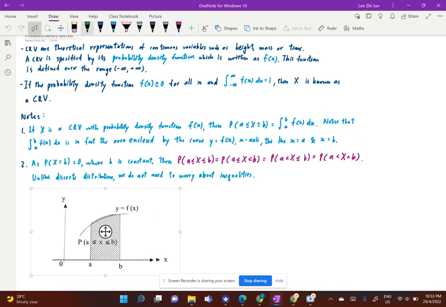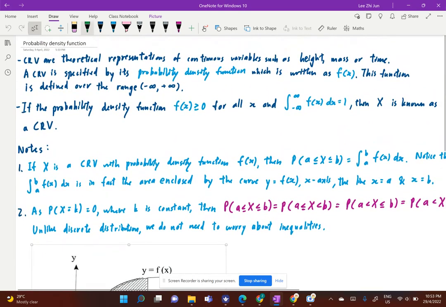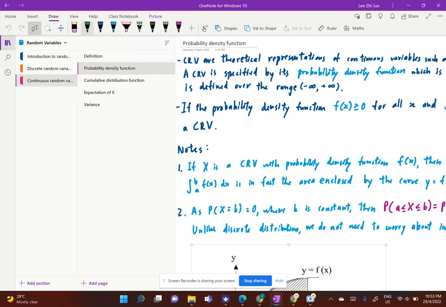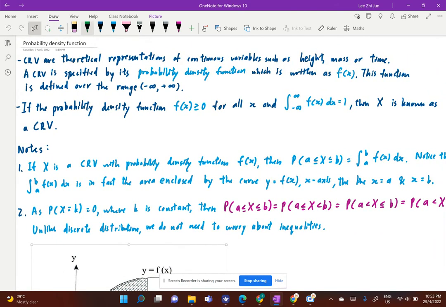For this, we call the probability density function, the density. Continuous random variables are theoretical representations of continuous variables such as height, mass, or time. A continuous random variable is specified by its probability density function, written as f(x).